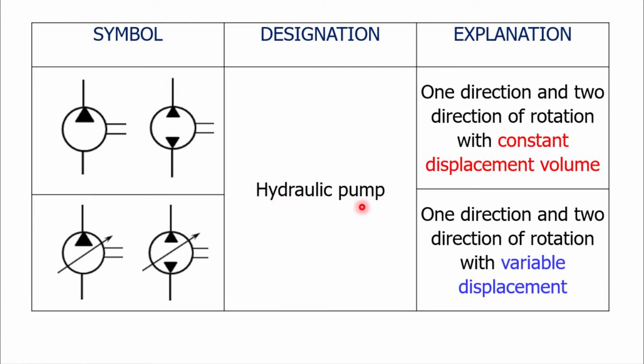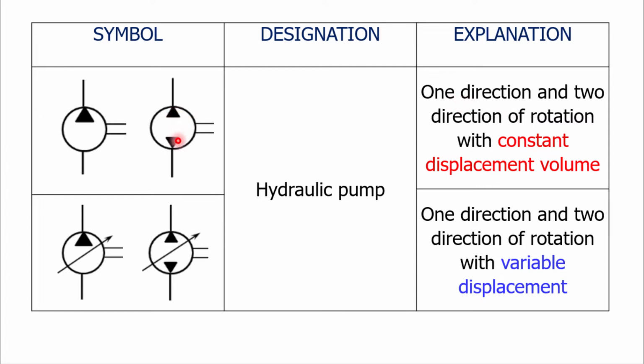The hydraulic pump is basically designated by using a circle, and that circle is having a filled in triangle. The triangle in this format, which is filled in, that is designating the hydraulic pump. When only one triangle is provided, the meaning is that this is the one direction pump.